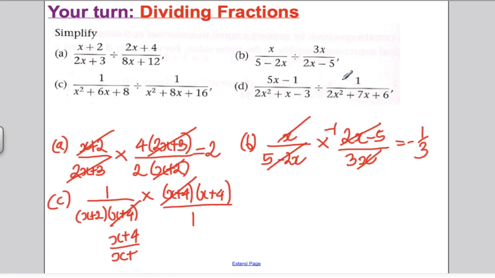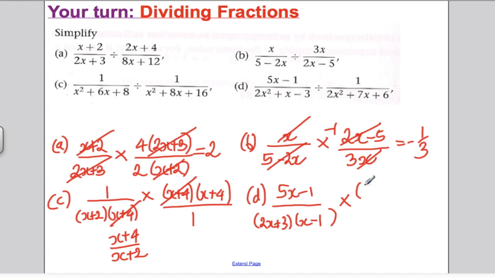And last one here, so we would have a 5x subtract 1. On the bottom, we're trying to factorise this, so let's see if we can. What multiplies up to 3? 3 and 1. So we would want plus 3 and minus 1 there, like so. Change that to a times, and on top you would have 2x, x.